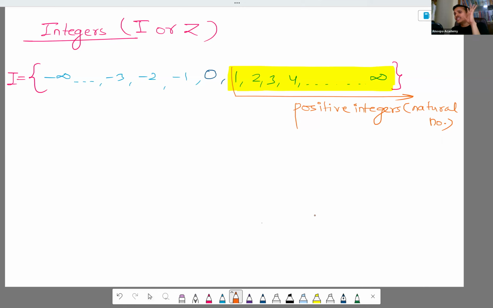Okay. So now let's move forward. So here, these positive integers are nothing but natural numbers. Please remember that. Now, one more thing. Look here. I told you 0 is neither positive nor negative.